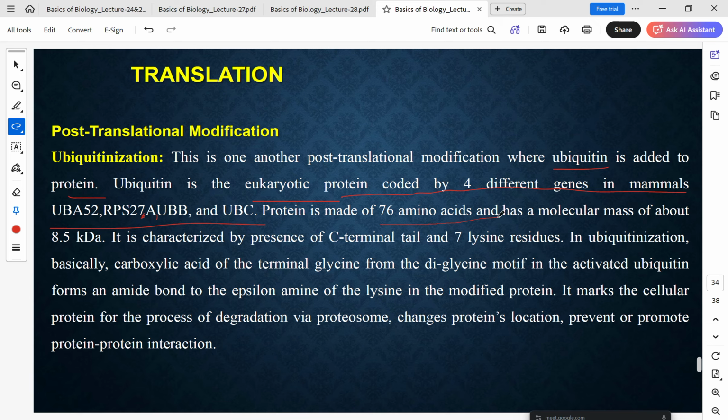The protein is made up of 76 amino acids and has a molecular mass of around 8.5 kDa. It is characterized by the presence of a C-terminal tail and 7 lysine residues.